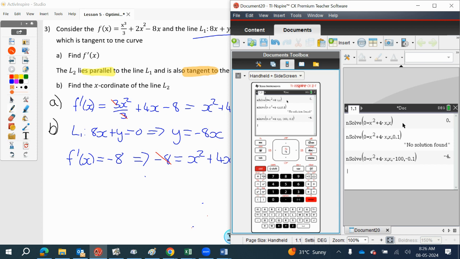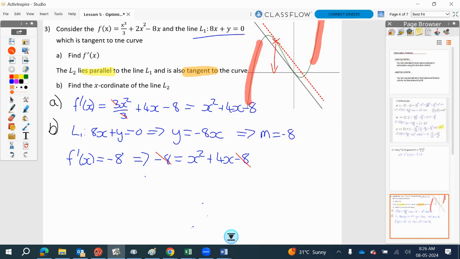So look in this interval here, and we find our other solution at minus 4. So this equation implies that x equals 0 or minus 4. L1 is at x equal to 0, which implies L2 is at x equal to negative 4.